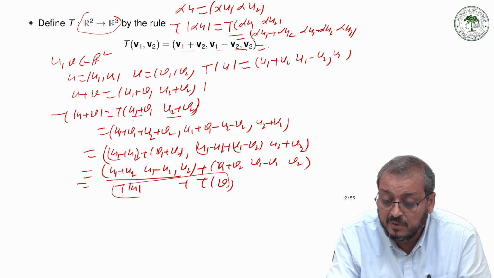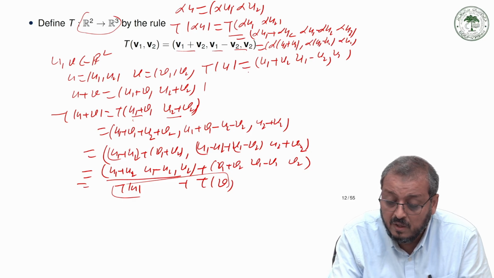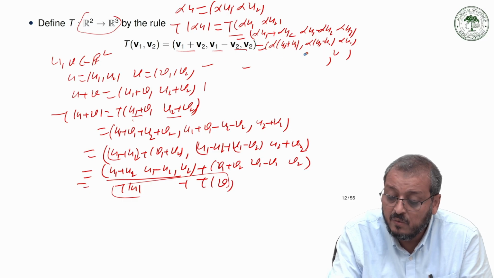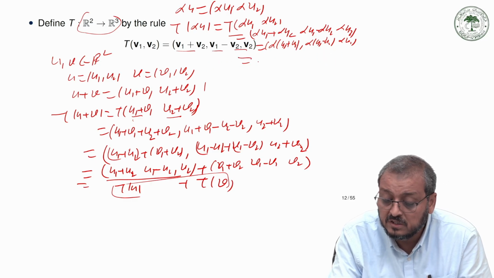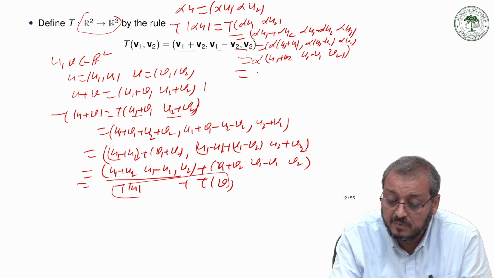Using scalar multiplication and the distributive property, this is alpha times (u1 plus u2, u1 minus u2, u2), which equals alpha times T of u.